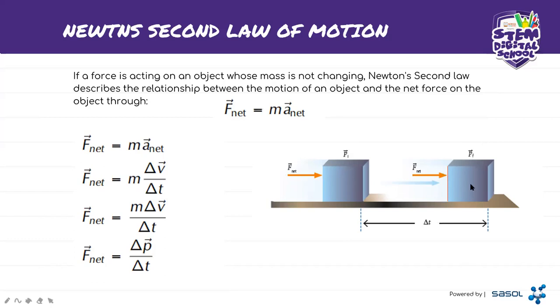So from initial position to final position, there's going to be a change in time. Okay, so that's what this is defining, that you have the same force applied, but your momentum is going to be different because of the change in time. Okay.